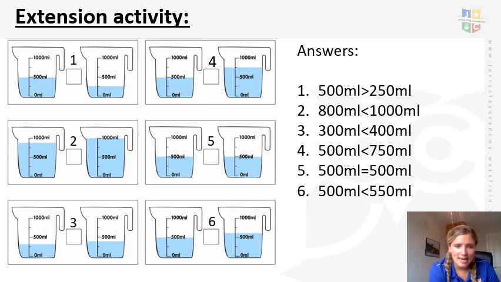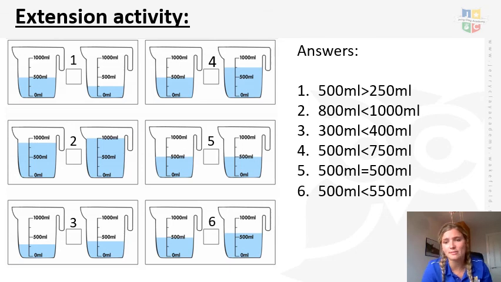Number 3, it's just above the 250 mark, so I would say somewhere around the 300, just below, more than 250 but less than 300 millilitres. Is less than, and I think it's about 400 millilitres, but if it's around those numbers then that's okay. Number 4, 500 millilitres is less than 750 millilitres.